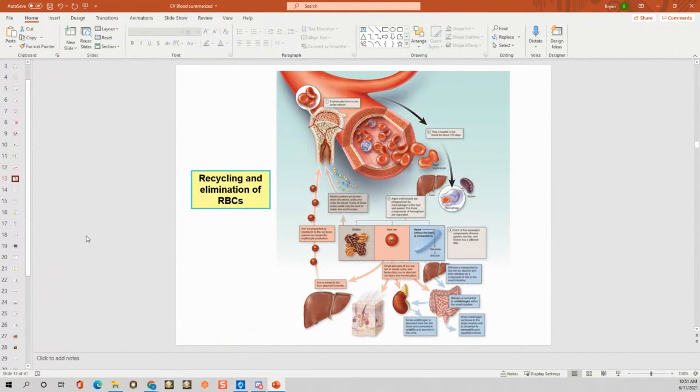All right. Recycling and elimination of RBCs is a pretty big deal. And this flow chart's going to be really tough for you guys to read from here. So here's where I'm going to ask you guys to really sit down and walk your way through at least the gist of recycling and eliminating RBCs. Remember, this happens every 3 to 4 months.